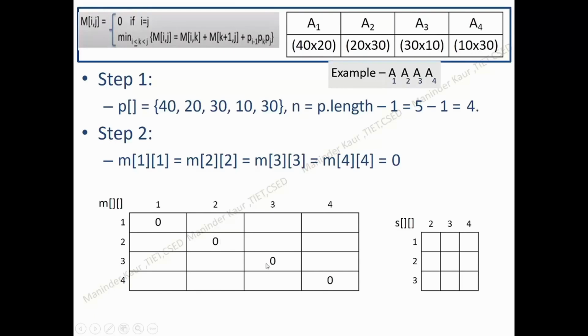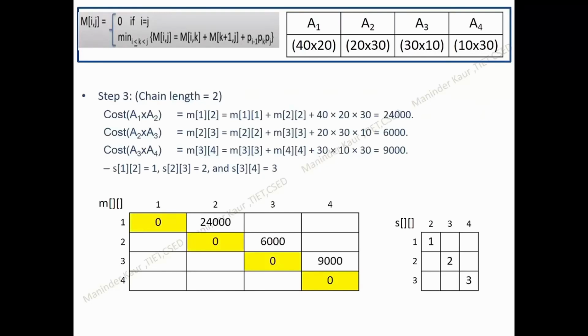For m3,3, a single matrix is involved, no multiplication, the value will be 0. For m4,4, no multiplication is involved, the value will be 0. That means all the diagonal entries will be 0. There is one more additional array S which we will be maintaining. We'll discuss its usage in the subsequent slides.